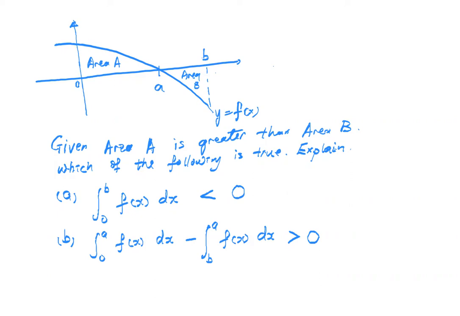Okay, you see, when I move from 0 to B, I bypass A, correct? Still remember the rules. If I integrate from 0 to B, f(x) dx, because it bypasses A, I can say 0 to A f(x) dx.